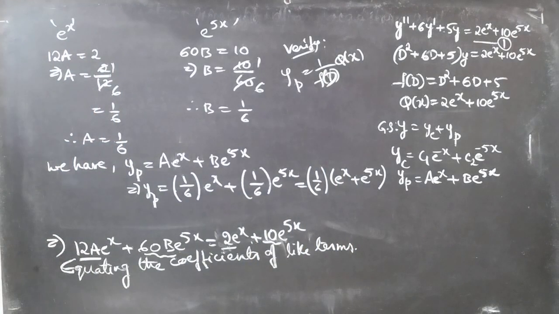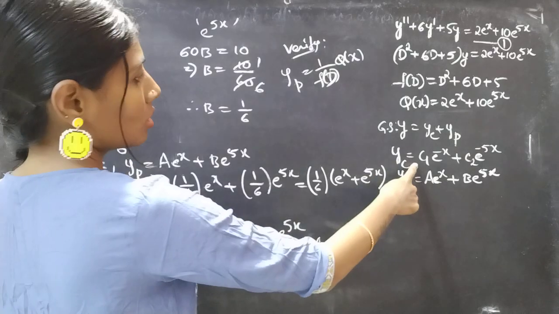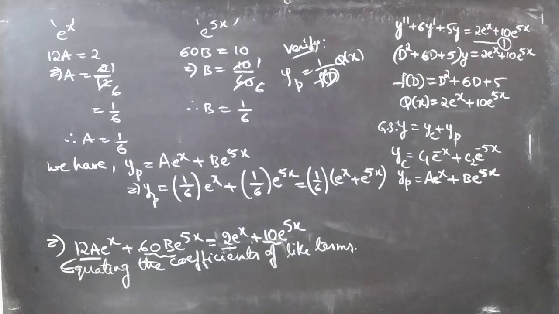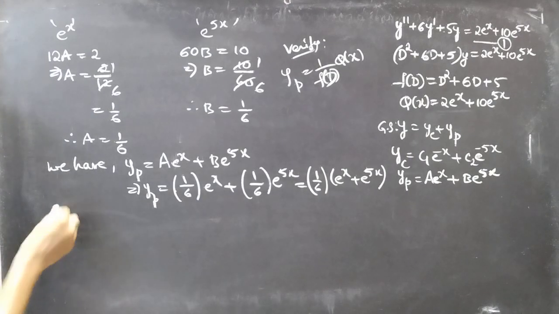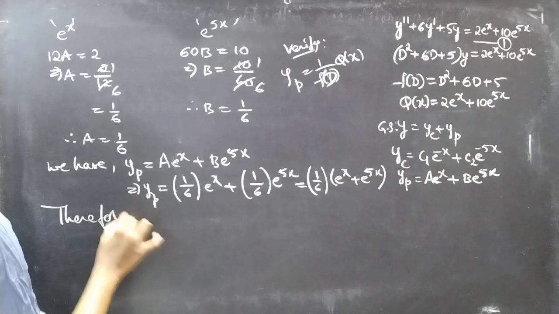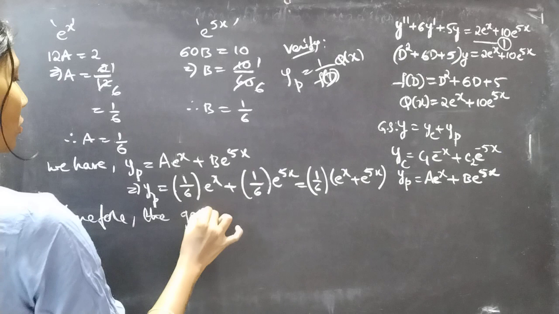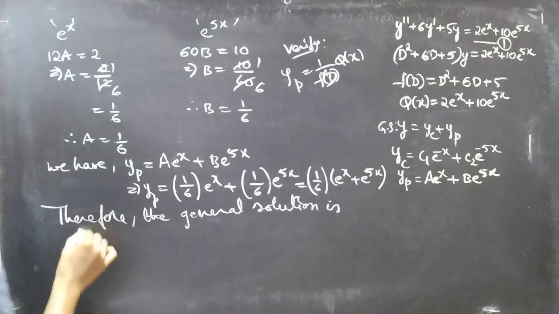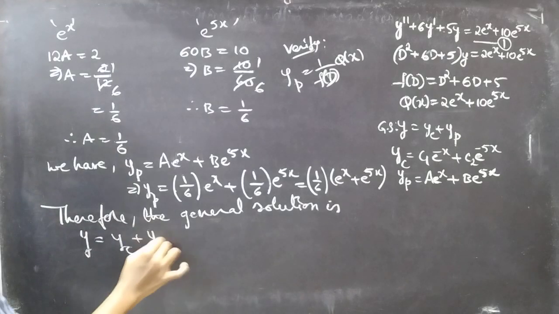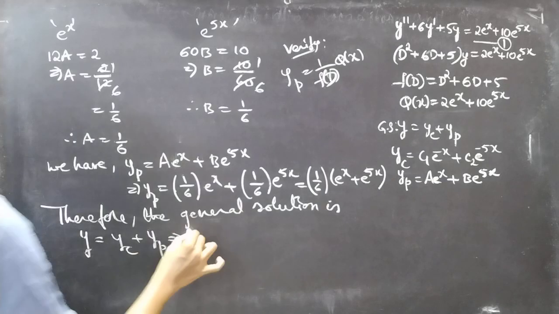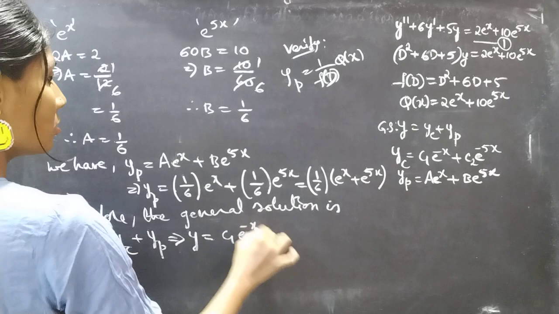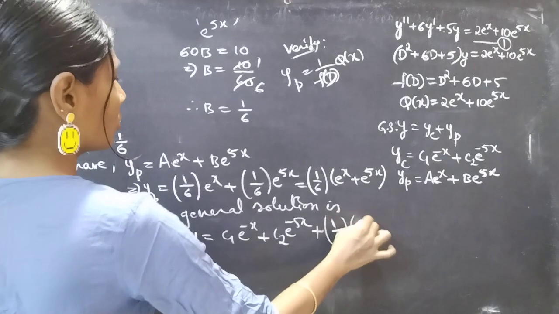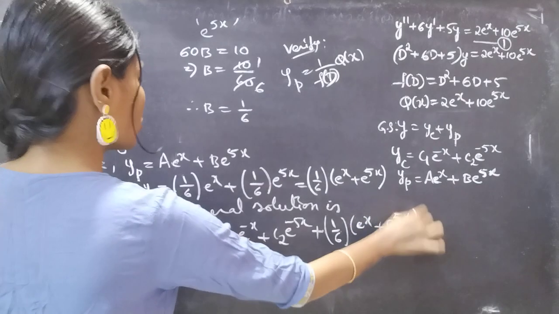Okay, fine. We got yp and yc. Let's now find the general solution using the formula y equal to yc plus yp. Therefore, the general solution is given by y equal to yc plus yp, which is y equal to c1 e power minus x plus c2 e power minus 5x plus 1 by 6 into e power x plus e power 5x.